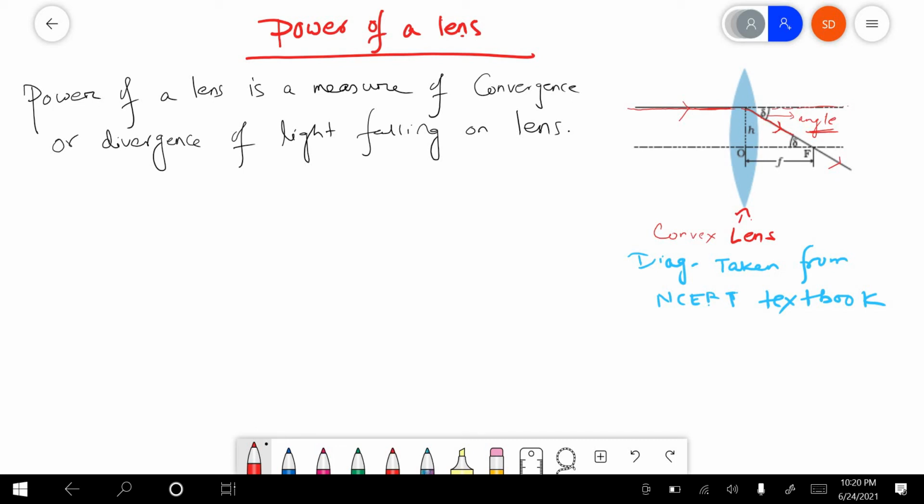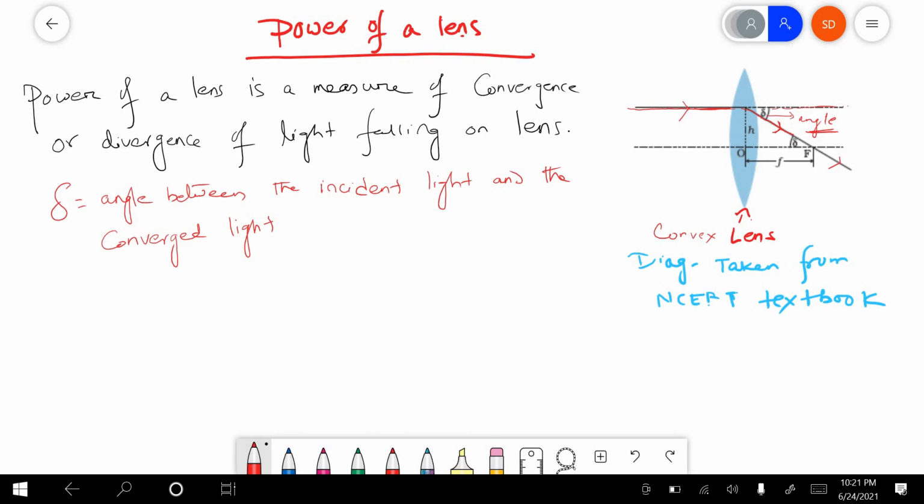Here delta is the angle between the incident light and the converged light. This convergence is done by the lens.